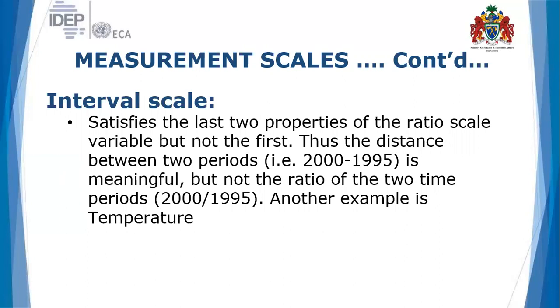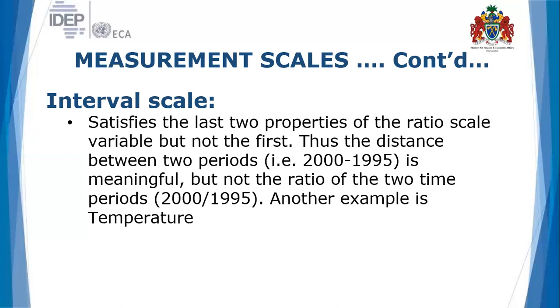That is not possible under interval scale, but we can determine the distance between the two data sets, and there's also natural ordering. That's the distance between two periods. For example, the distance between the year 2000 and the year 1995 is meaningful. But we cannot take the ratio of the two time periods, like 2000 to 1999. That doesn't make sense. It's not meaningful.